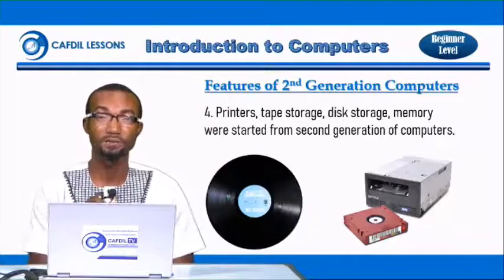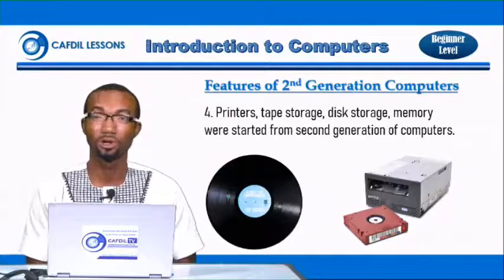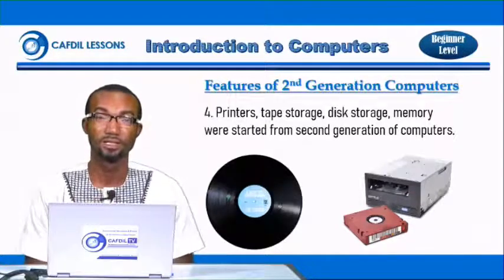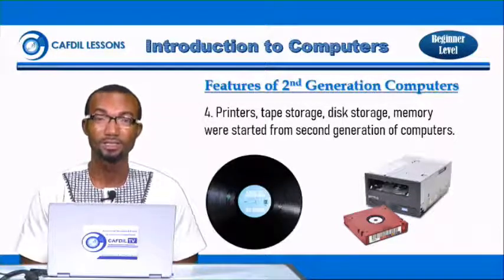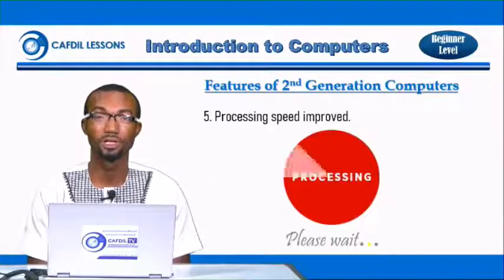In the first generation, they were using the magnetic drum, both for all the kinds of storage they need. But as they progress, CDs and then tape storage also came to being. So the second generation, printers, tape storage, and then disk storage were introduced.